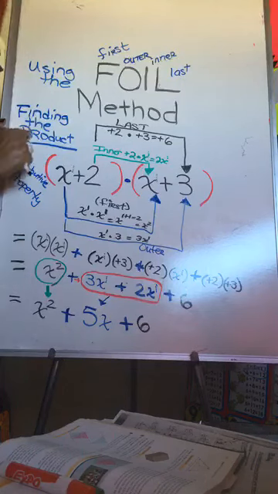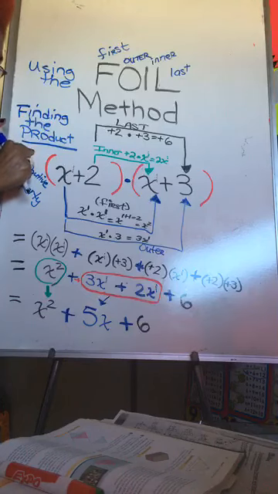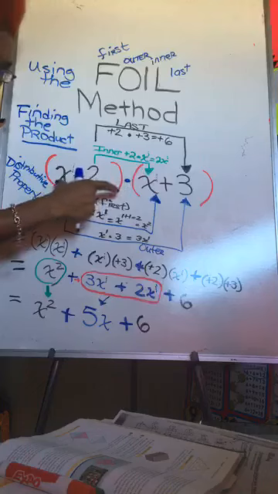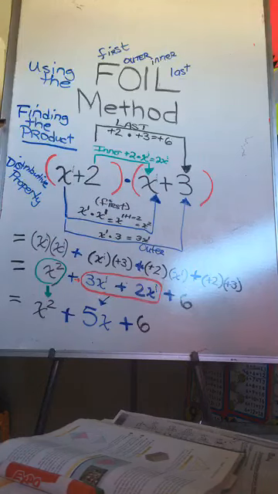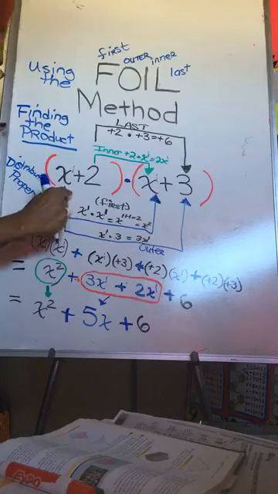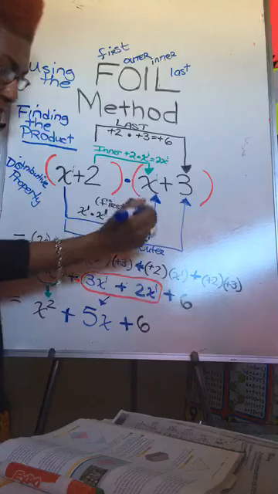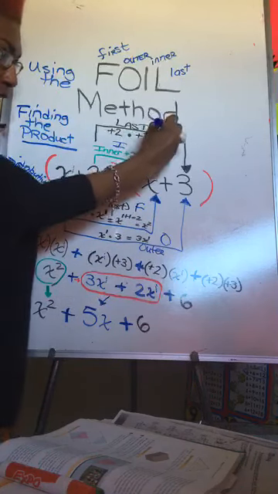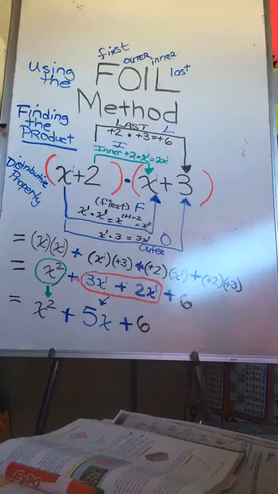And that means you're going to find the product of this expression. And that means you have to multiply these two. Okay, and you have to know your exponent rule. You have to know what to do. So this was our first, outer, inner, and last. I just put the letters to represent the term.